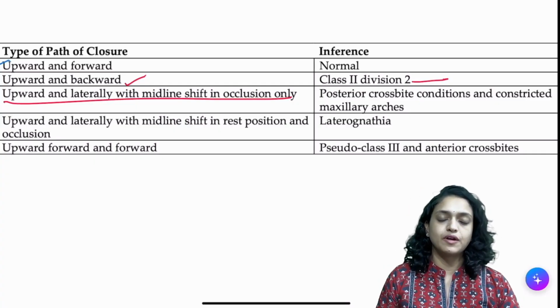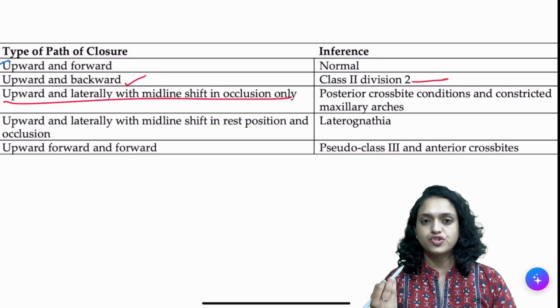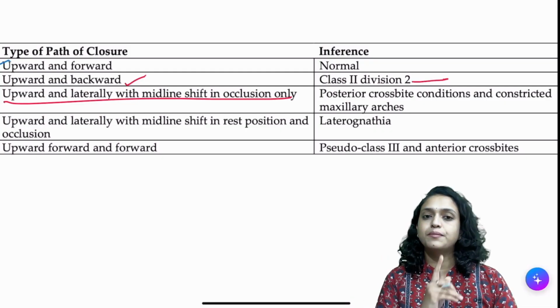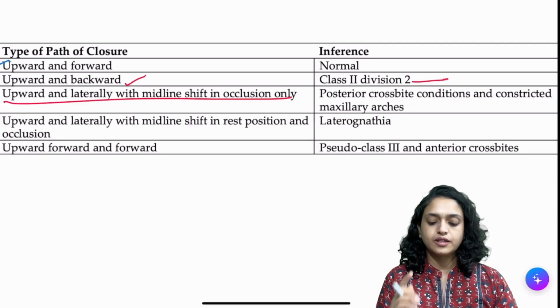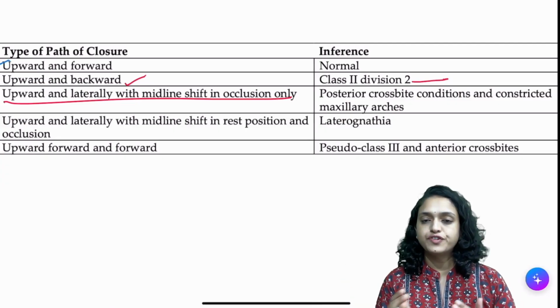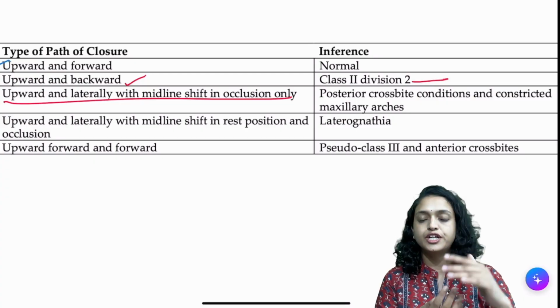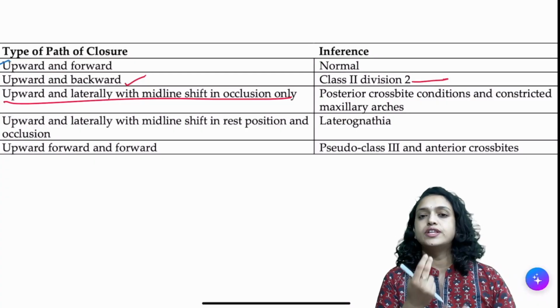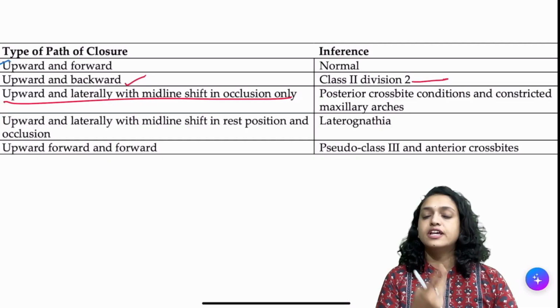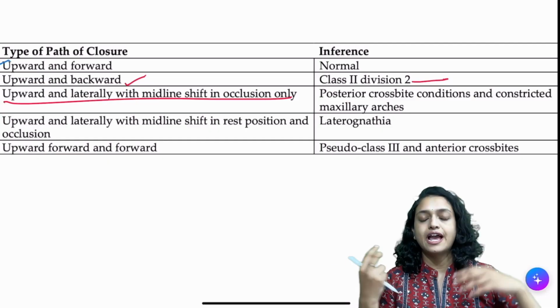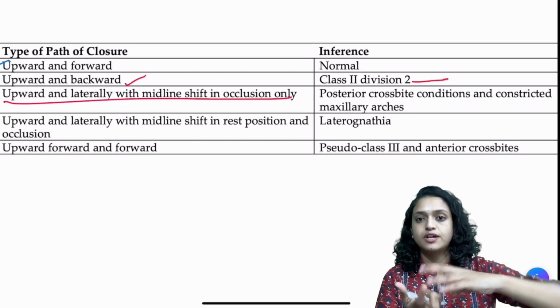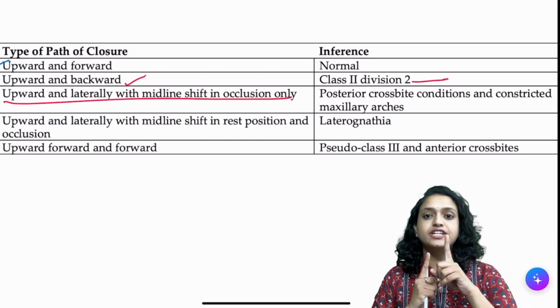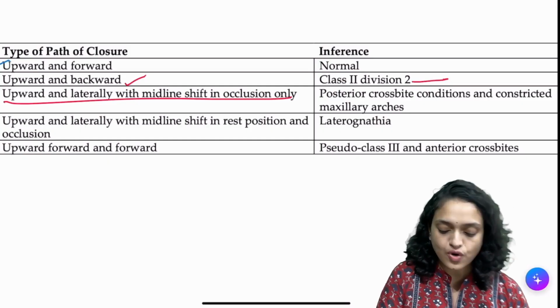When the patient moves from the postural rest position, you will see the midlines are coinciding. The midline shift is not due to any dental issue, it is due to a functional shift. So when the patient is in rest position, if the midlines are coinciding, and when the patient goes into occlusion the midlines are shifted, it is called lateroocclusion.